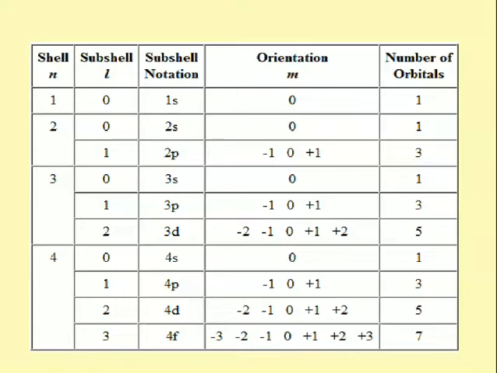Let us sum up with some data. The maximum number of orbitals in a subshell is always 2l plus 1. The maximum number of electrons in a subshell is 4l plus 2, which means double the number of orbitals. m can have a total of 2l plus 1 values.